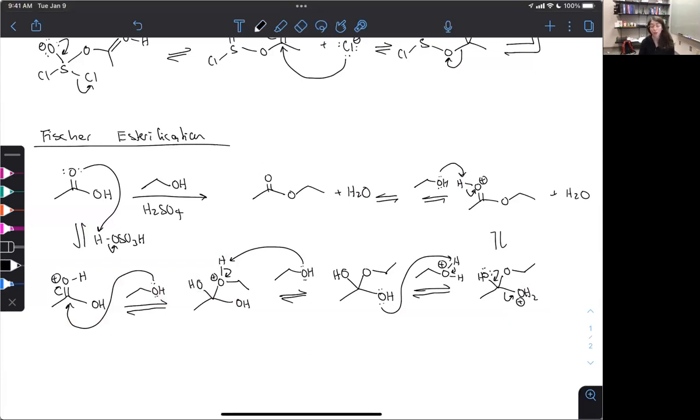So that water, again, just kind of like the acetal mechanisms, the water here is really important because we can remove that water from the reaction and draw the equilibrium towards the products.